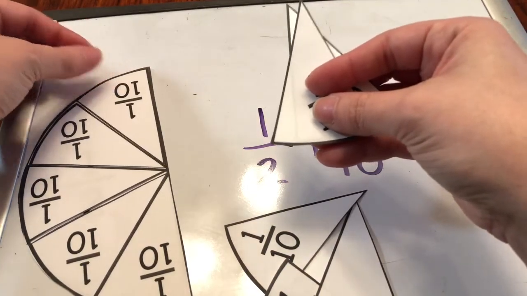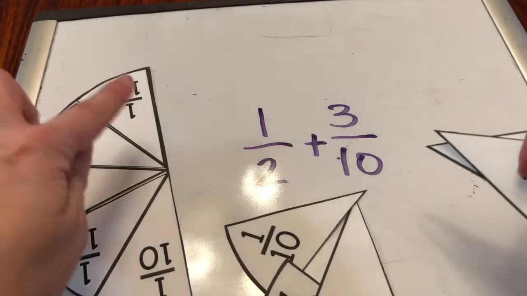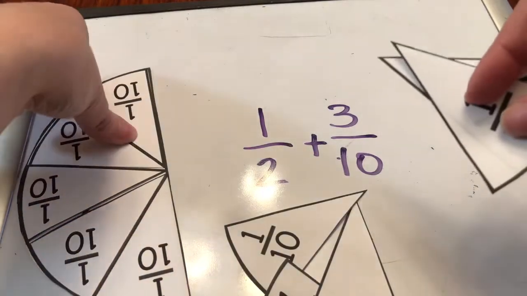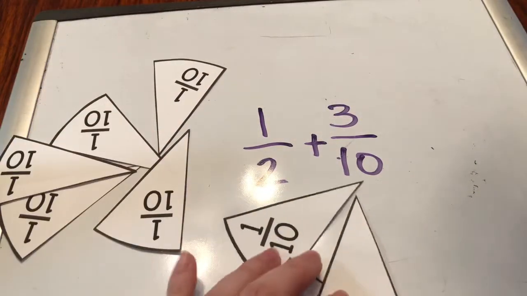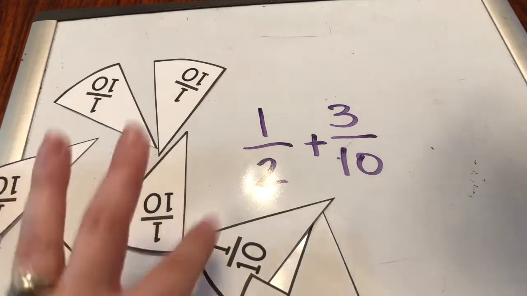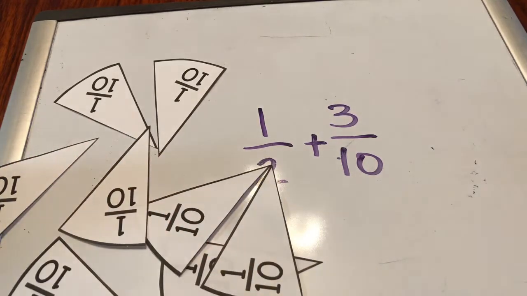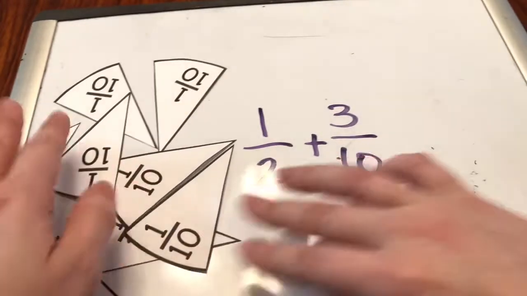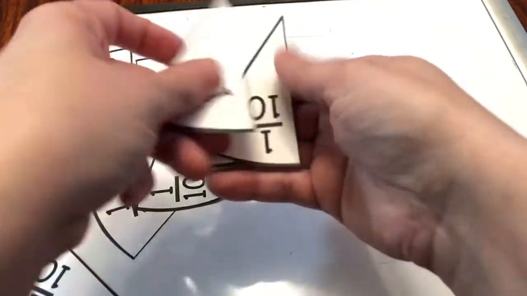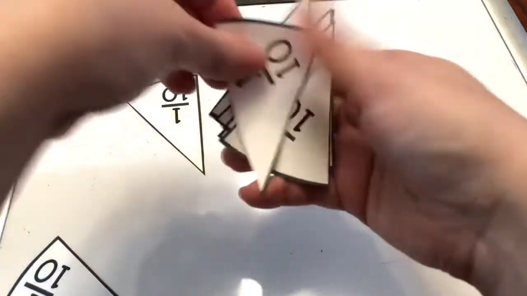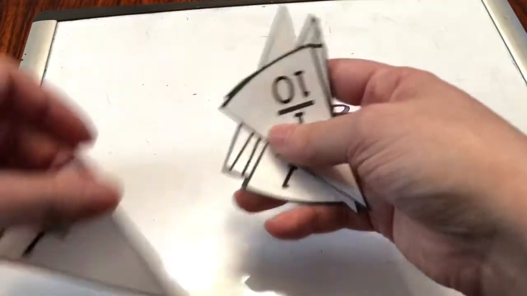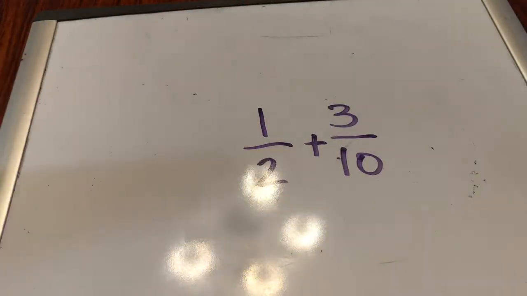Okay, so I see that 1, 2, 3, 4, 5. 5/10 makes up 1/2. 1/2 takes up the same amount of space, is equivalent to 5/10. So now all of my fractions are tenths and I can add them. So I have 1, 2, 3, 4, 5, 6, 7, 8 tenths.